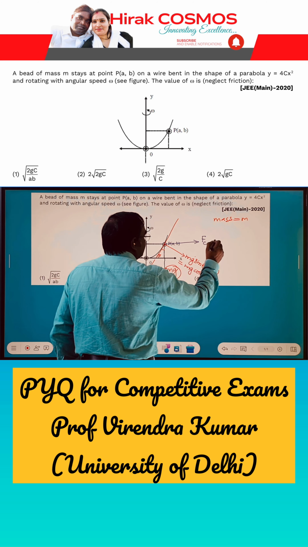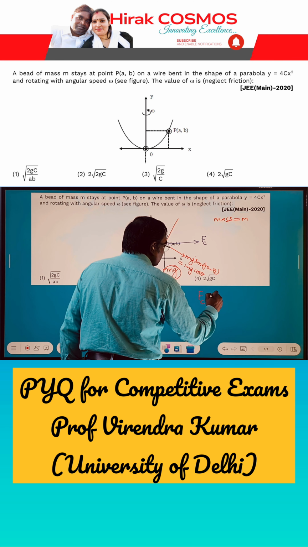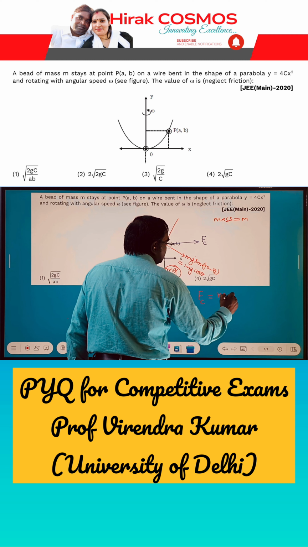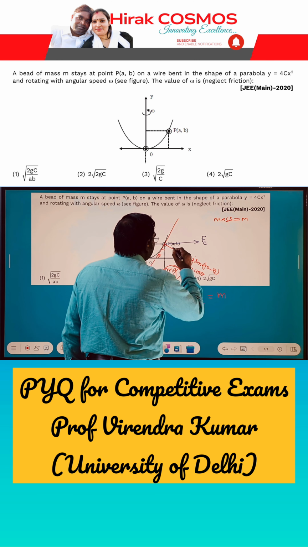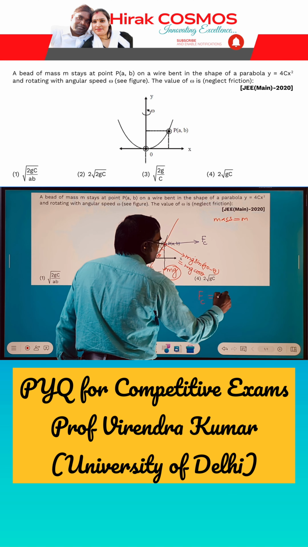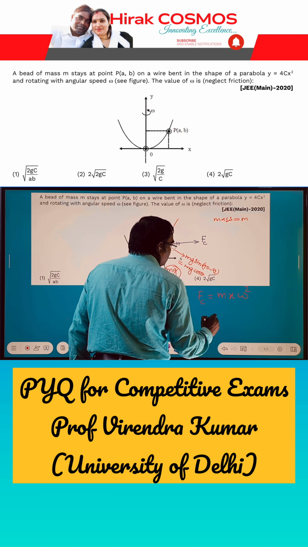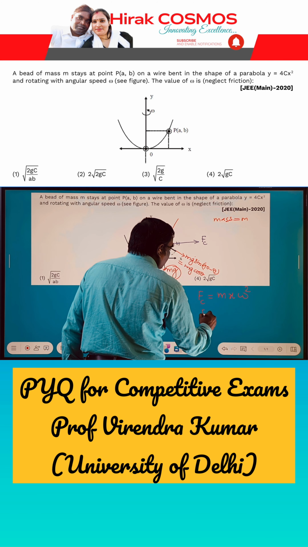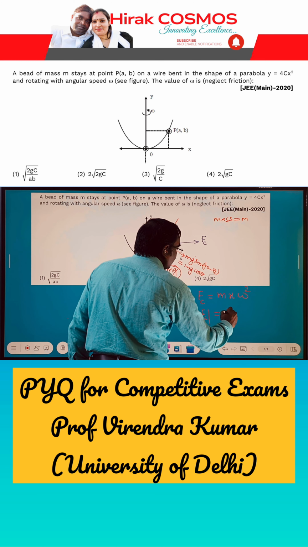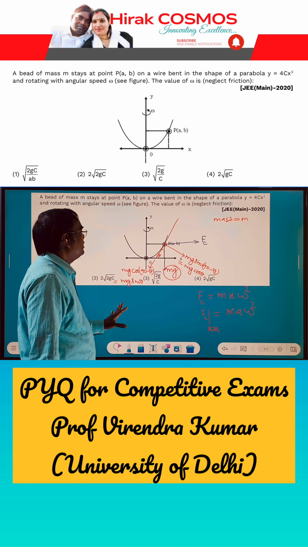So this Fc at x equal to a is given by m a omega square, right.